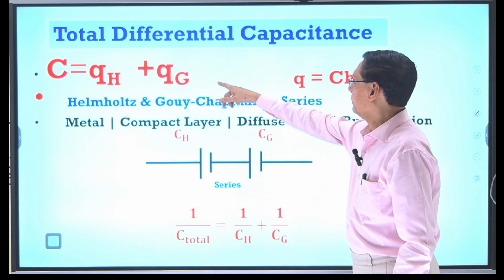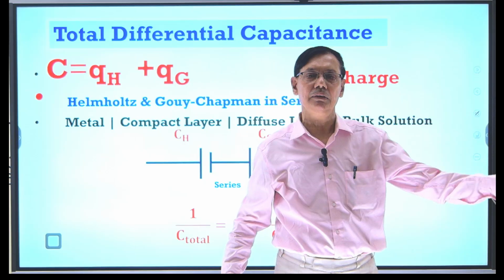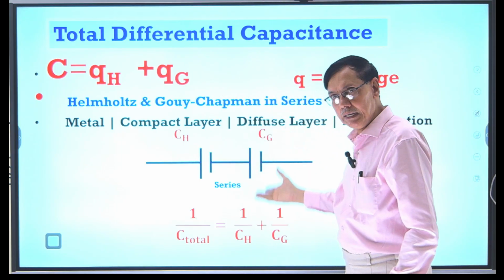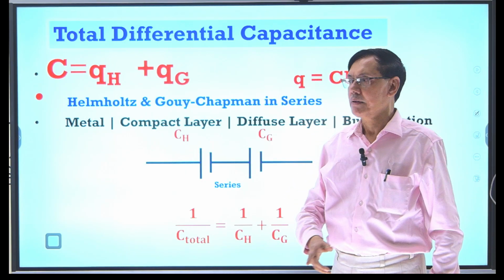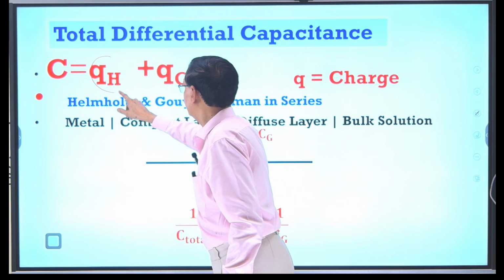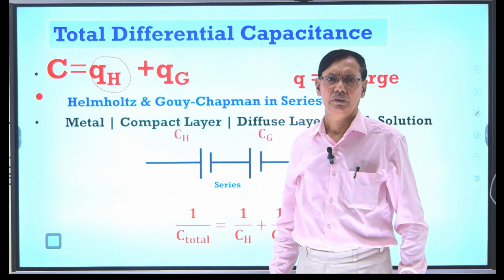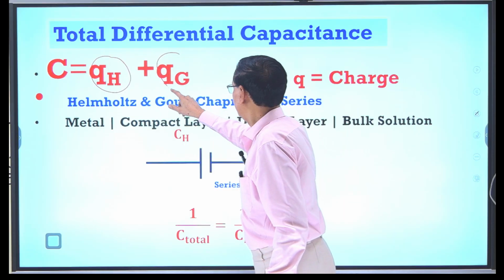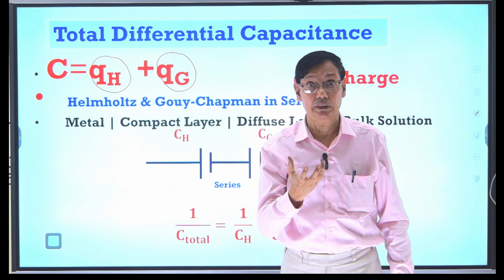So here, because it is the combination of the Helmholtz layer as well as the Gouy-Chapman layer, the total differential capacitance, you can also call differential capacity, is equal to QH, the total charges of the Helmholtz layer, plus the total charges of the diffuse layer, because that is important and it depends upon the concentration.